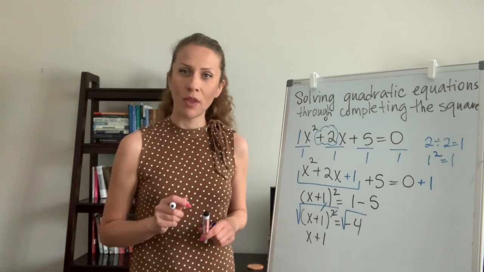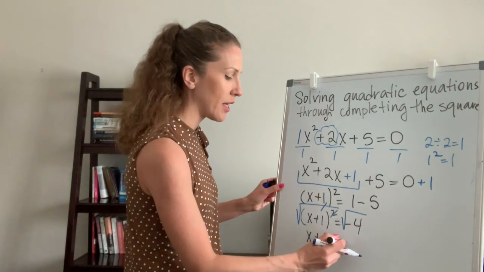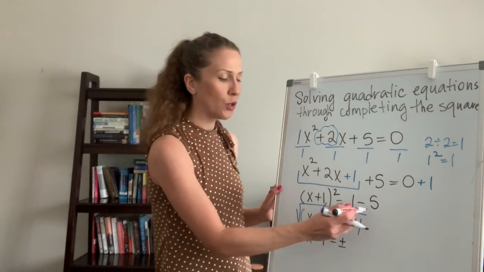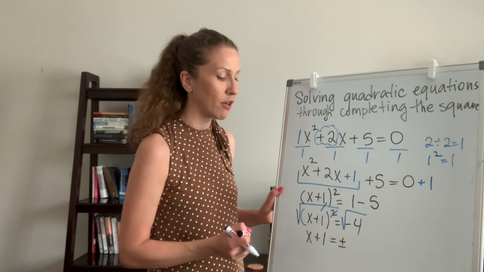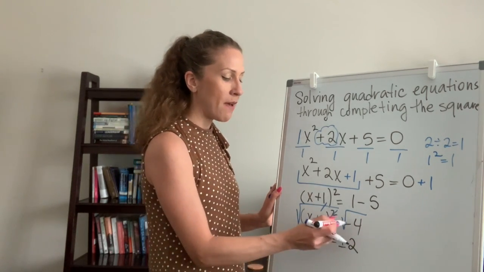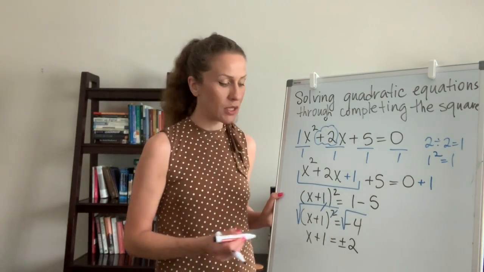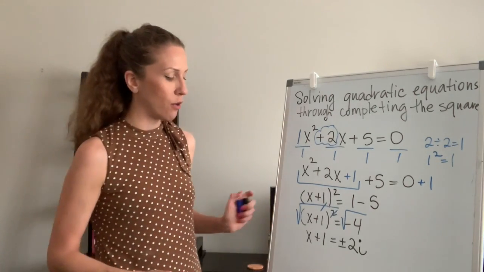And when you square root that, you have a positive and a negative. Every time you insert a square root into an equation, you have to make sure you place a positive and a negative in front of it. And then square root of 4 is a 2. And the fact that the 4 is negative means the 2 will also have an i next to it. It's a complex root here.